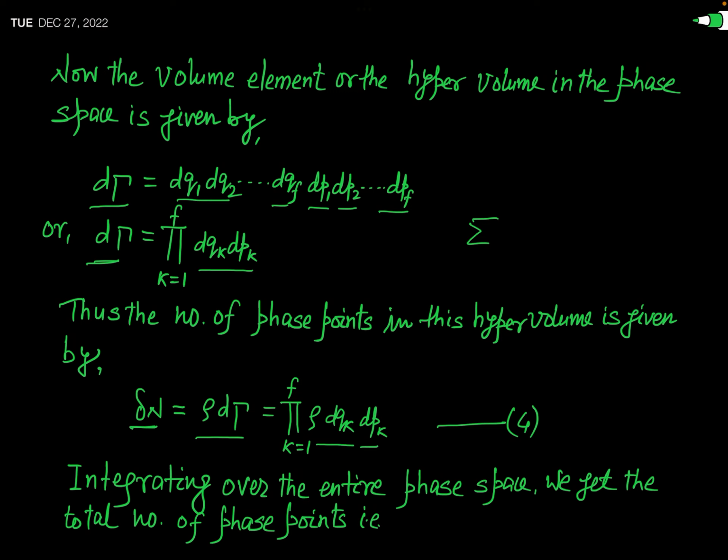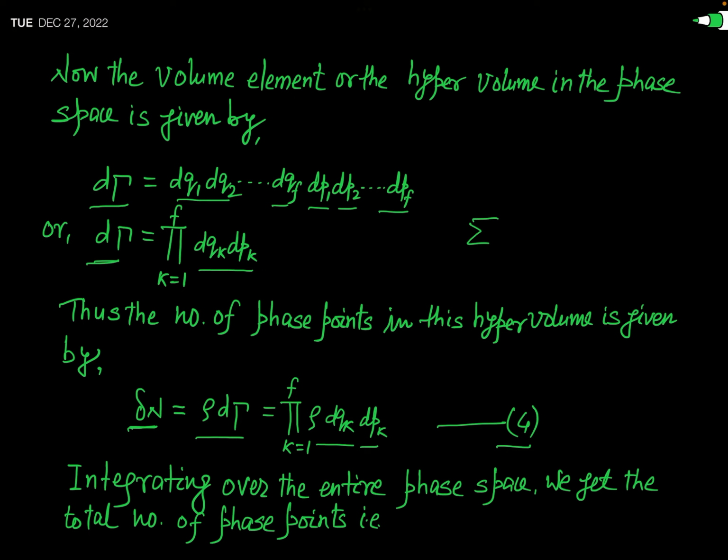If our aim is to find the total number of phase points in the given phase space, and we know the number of phase points in a hypervolume or in a volume element of this phase space, then simply we will integrate this result, defined in equation 4, for the whole phase space, and that integral will give the total number of phase points in the phase space.